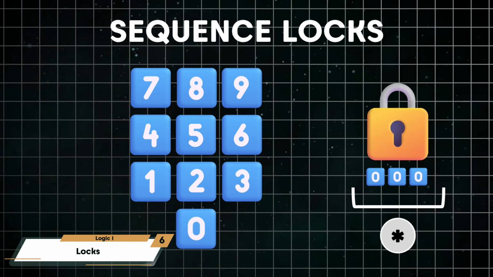With a sequence lock, inputs aren't tied to specific indexes like with separate locks. Instead, all inputs connect to a single generic asterisk or star entry point, and the lock continuously evaluates incoming numbers, remembering the most recent inputs. For example, if the sequence requires 3 numbers, the lock always remembers the last 3 numbers entered into the sequence.